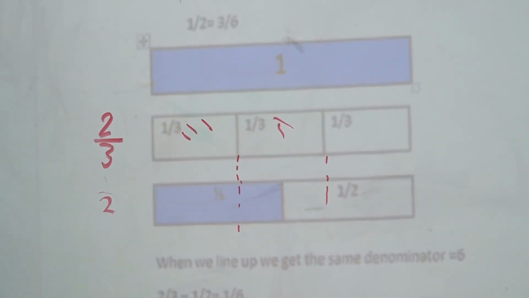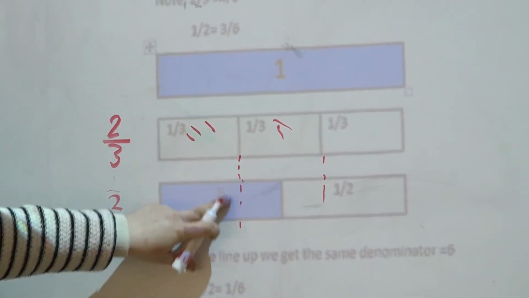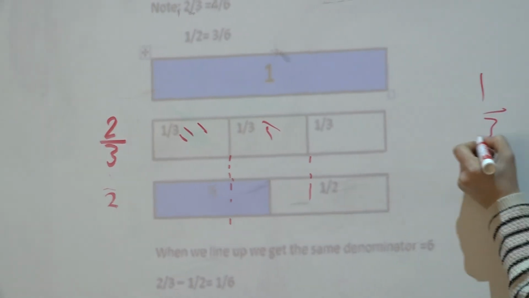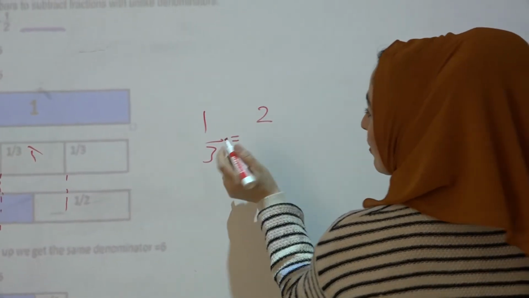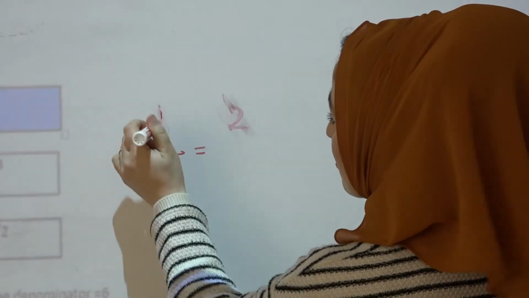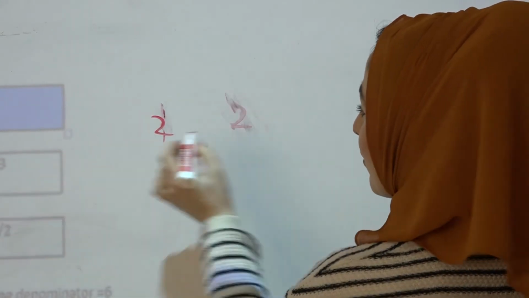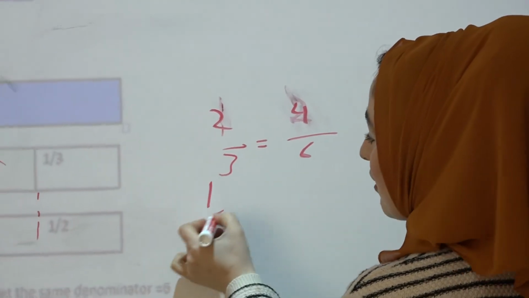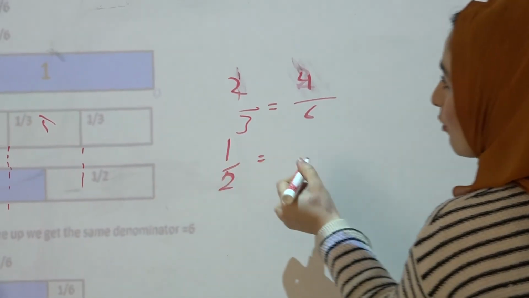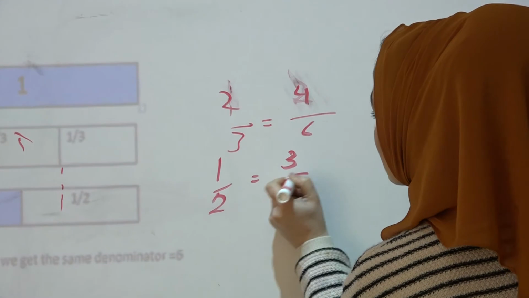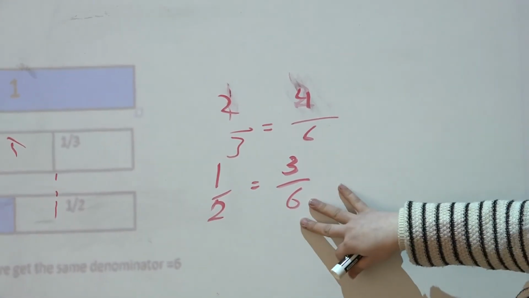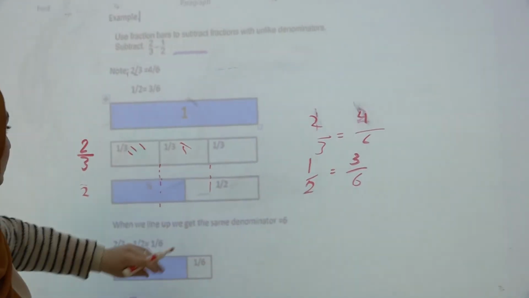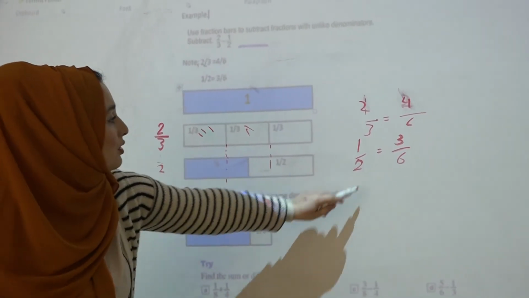So we have 2/3, and we need the equivalent fractions. 2/3 equals how many? 4/6. And 1/2 equals how many? 3/6. So we use these directly.